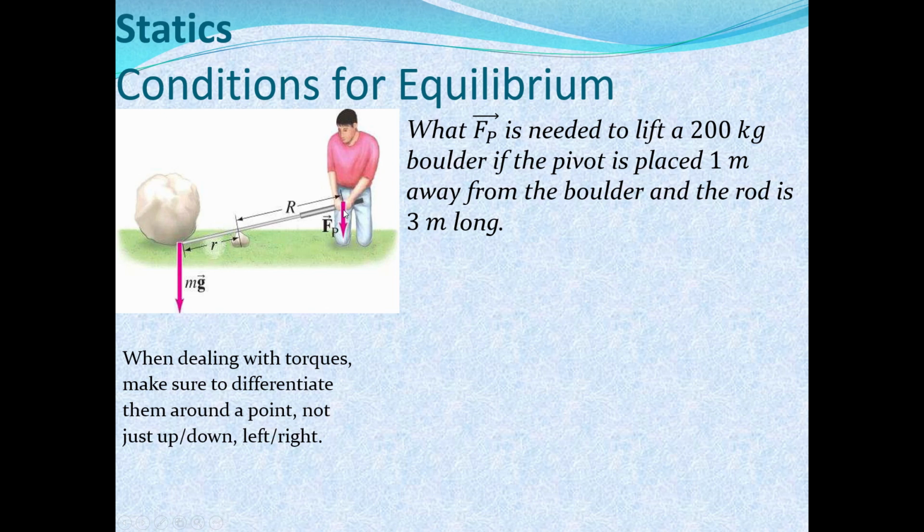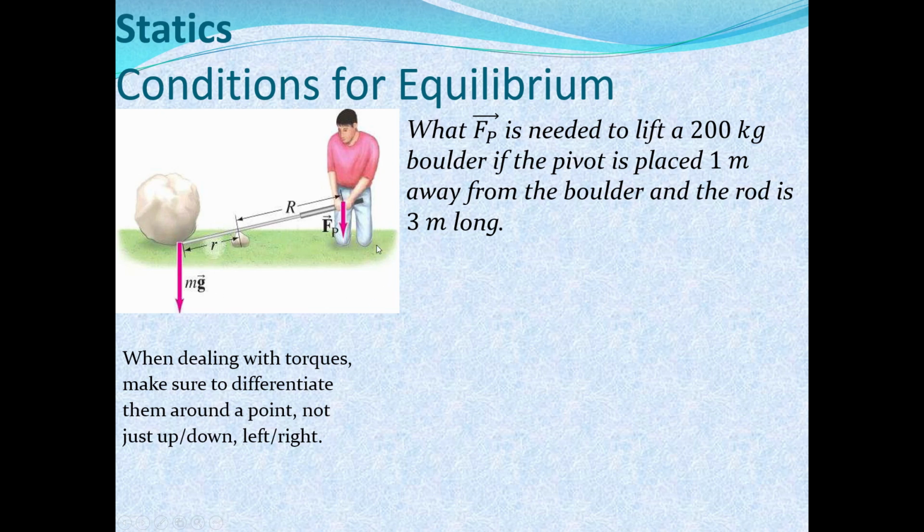Now, the other thing that I want to pay attention to is direction. With forces, it's easy. Up is positive, down is negative, or vice versa. Here, though, what we talk about is the direction being clockwise or counterclockwise. So if my pivot's at this location, pushing down on this side is going to cause the whole thing to go clockwise. While over here, having the pivot at this location and pushing down on this side would make it go counterclockwise.